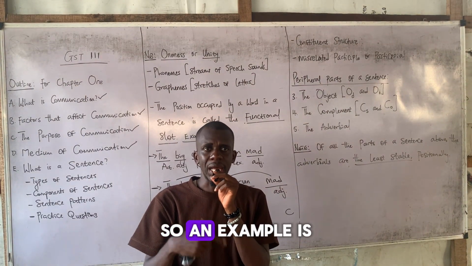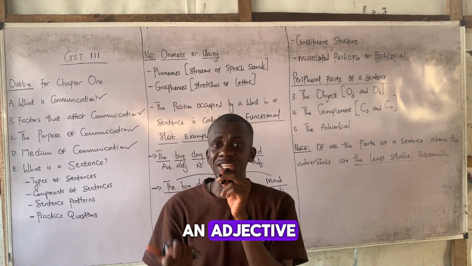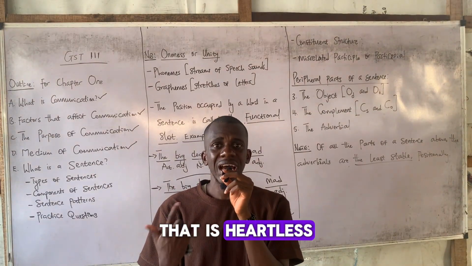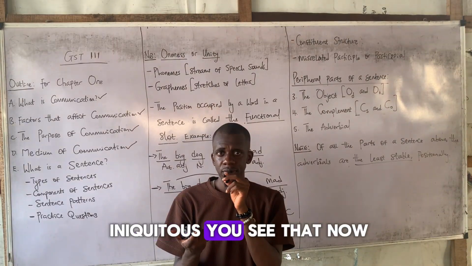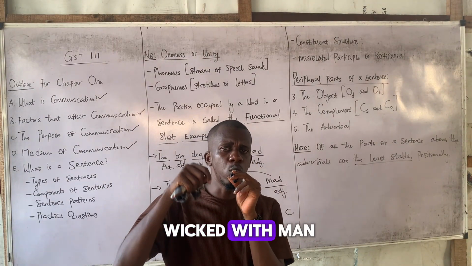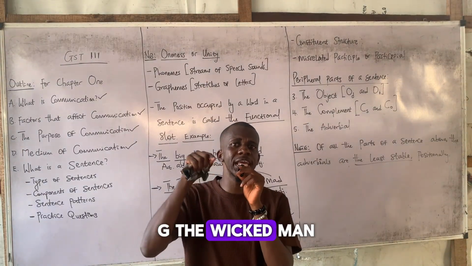Okay, so an example is the word wicked. The word wicked is an adjective used to describe a person that is cruel, that is heartless, that is atrocious or iniquitous. You see that now? But when I combine wicked with man, it becomes a noun, e.g., the wicked man.